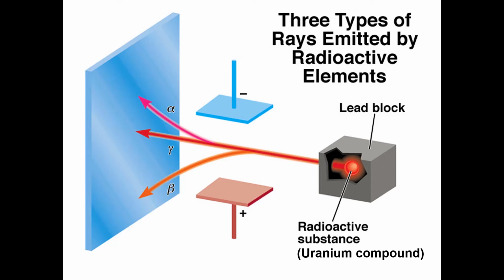The ones moving towards the positive end of the electrical field are called beta, and they must have a negative charge. The ones not affected by the electrical field must not have had a charge. It was later found out that these were not particles. They are actually electromagnetic radiation called gamma rays.